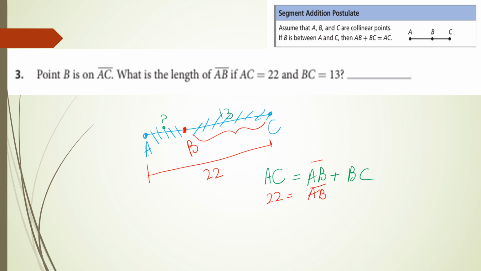Don't forget to put the line segment bar on the top. Plus BC is 13. I want to find out AB, so bring the 13 to the other side. When the positive goes to the other side, it becomes negative 13. So AB is equal to 22 minus 13, which gives you 9. So the measurement of AB is 9.